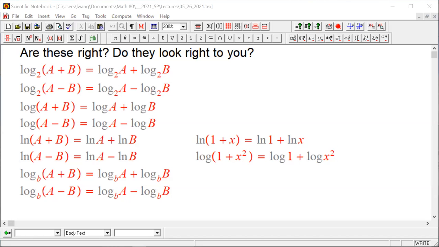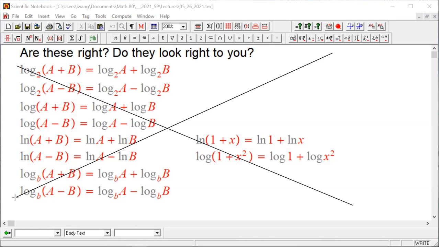I want you to reserve this page for yourself and cross them out. When you tell yourself these are mistakes, you may not be quite convinced, because the next thing I will do is try to convince you. I will tell you why they're mistakes.